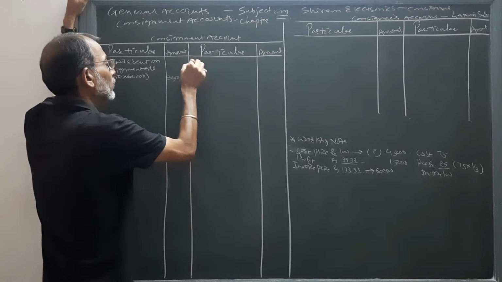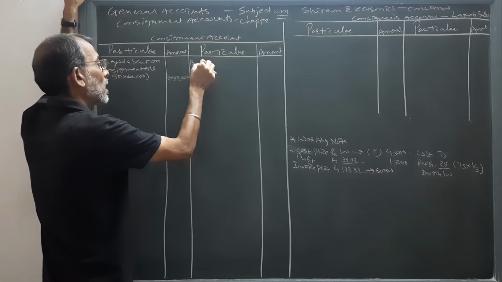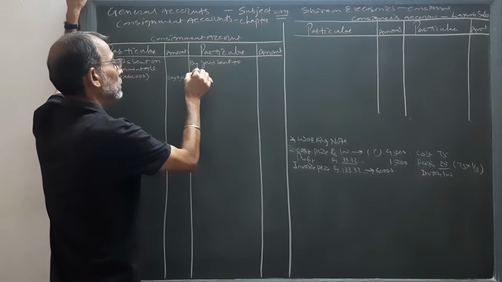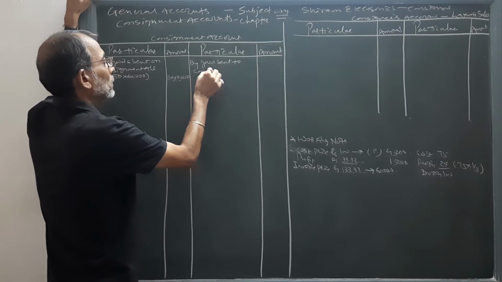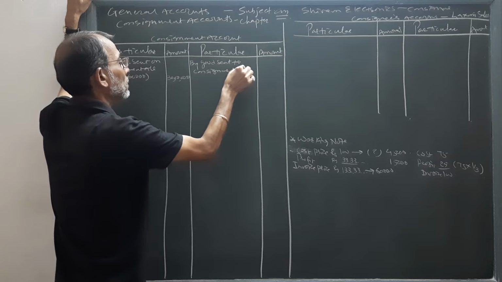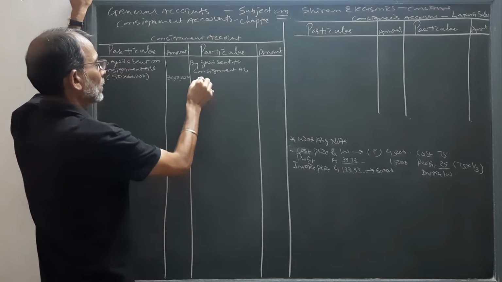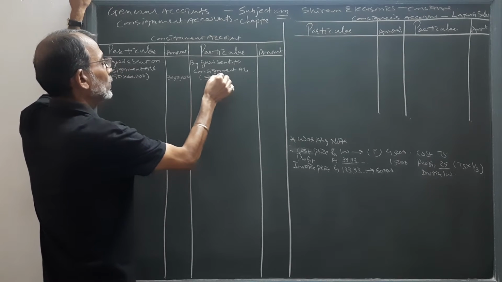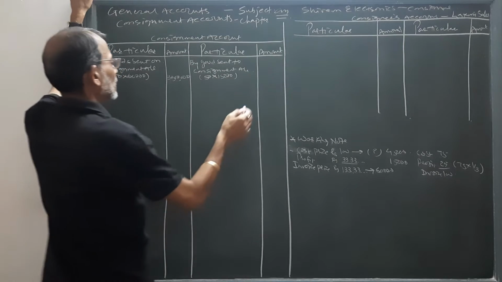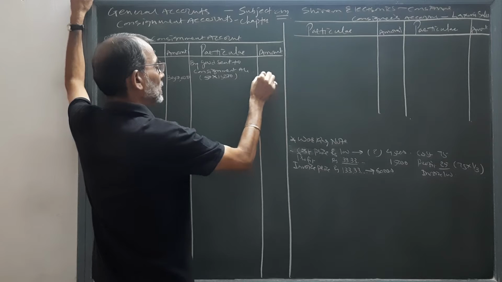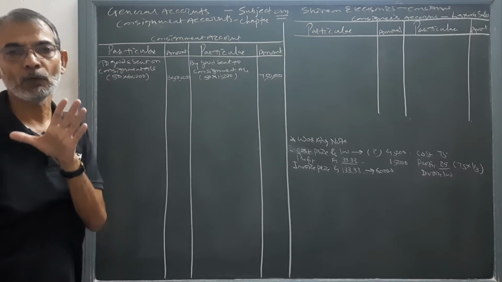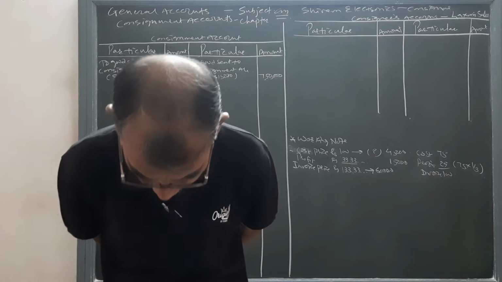On the credit side, we have to write the difference, 50 into 15,000, that will be 7,50,000.